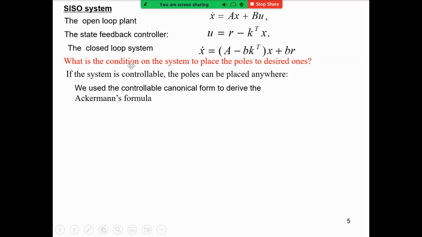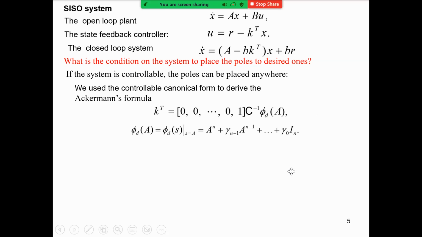And how did we do that? Right, we use the controllable canonical form to easily come up with a solution. Okay, then you can apply the Ackermann's formula for single input system. So here we apply this formula, right?